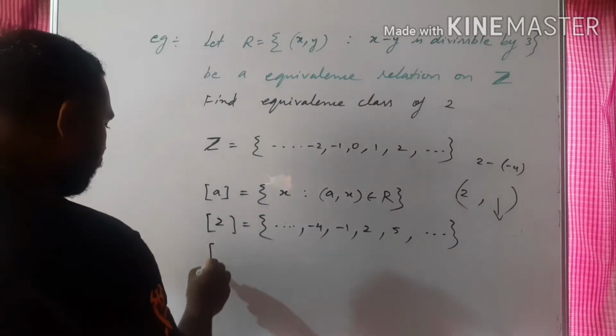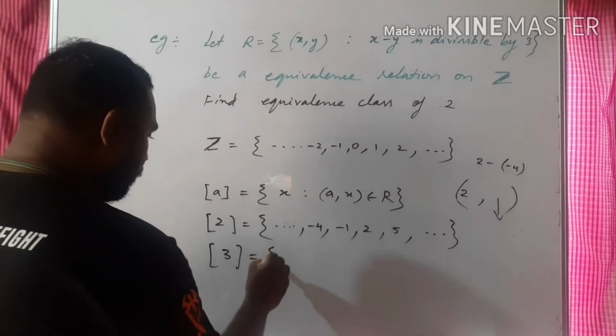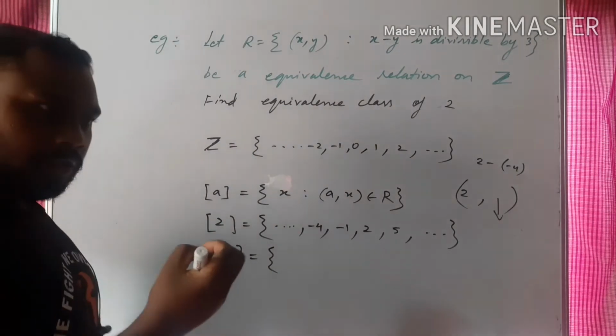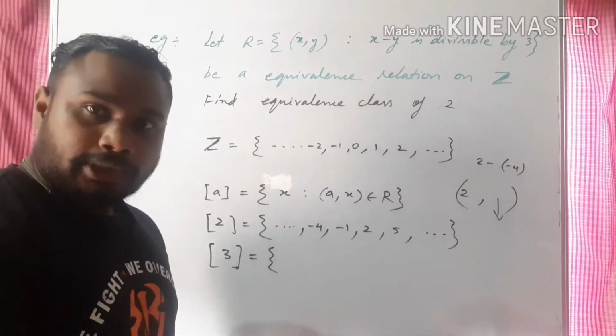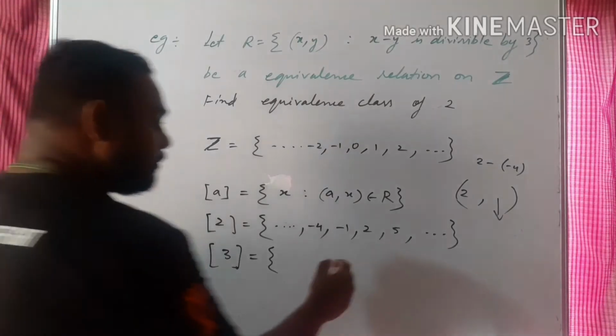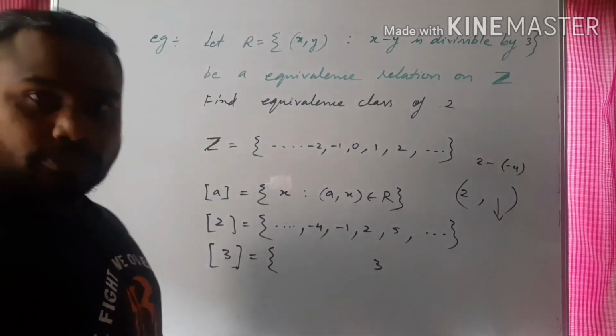If I find, for example, the class of 3, you'll have to look for numbers which after subtraction from 3 will be divisible by 3. So 3 minus 3 will be 0, divisible by 3.